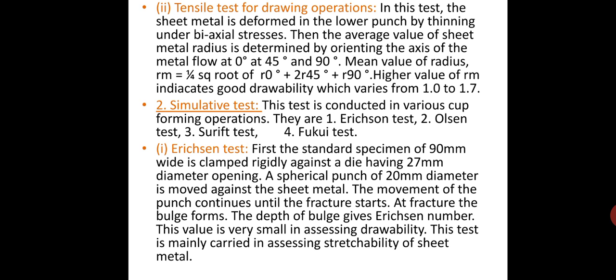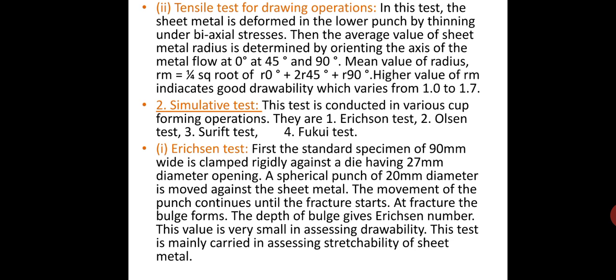So, for the Erichsen test, the standard specimen of 90 mm wide is clamped rigidly against the die having a 27 mm diameter opening, and the punch having 20 mm diameter is moved against the sheet metal.